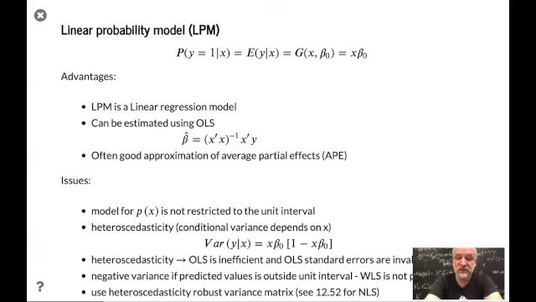If you have heteroscedasticity, we know that OLS is inefficient, and the OLS standard errors are biased. So they're invalid. You cannot use the standard formula for the OLS standard errors, which would be x prime x inverse times the residual variance.